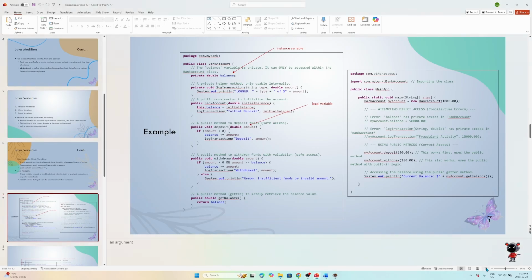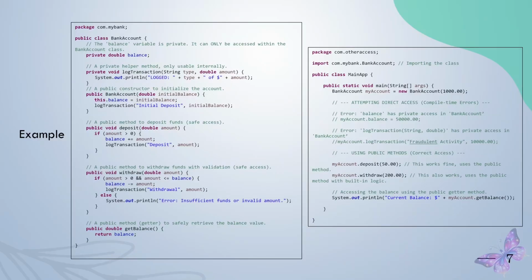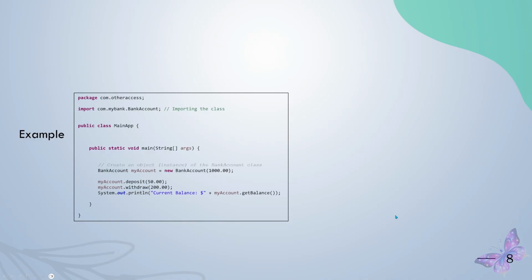Now let's see the next example. So we said that public static void means this is a function in the main class. Why are we saying it this way?